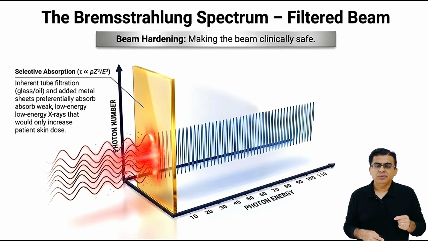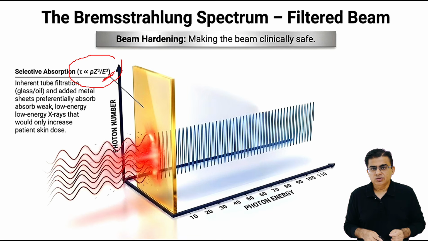Notice the specific mathematical equation displayed on the left side of your screen. The most important part of this formula is the photon energy raised to the power of 3 in the denominator. This simple physics rule tells us that the probability of a photon being absorbed drastically decreases as its energy increases.